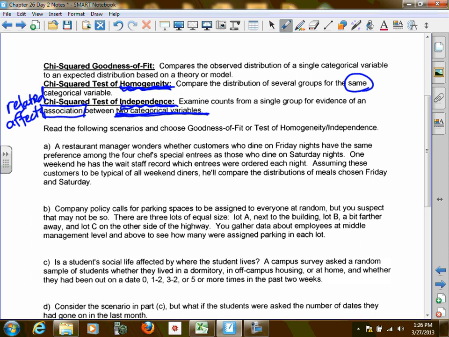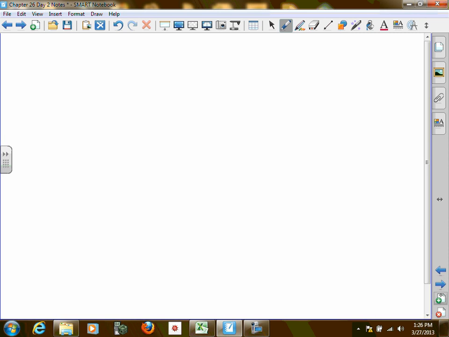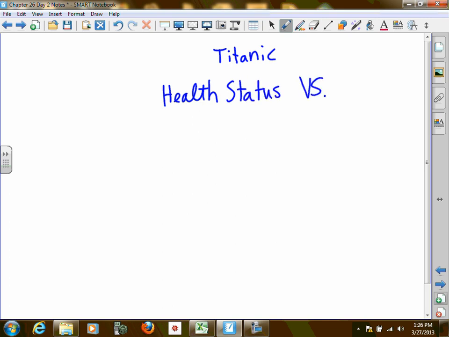For example, on last night's homework, we had the Titanic, and what were our 2 variables? Okay, good. Basically, your health status, whether you were dead or alive, versus what else? Good.